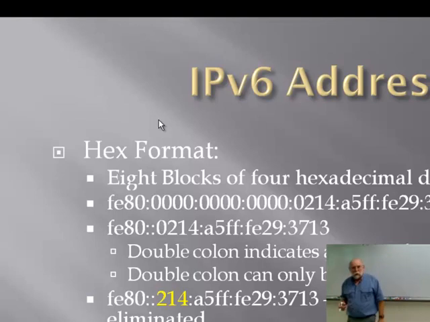Now, I'll talk about collapsing. Okay, I have zeros in here, and one of the things we can do is make the address a little easier to read by eliminating zeros. What I can do is eliminate leading zeros and one block that's all zeros.